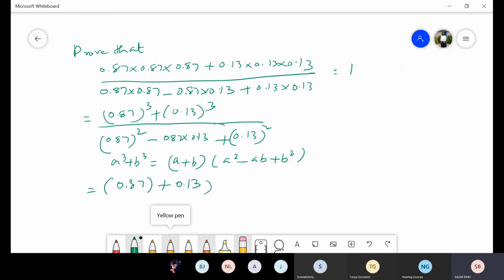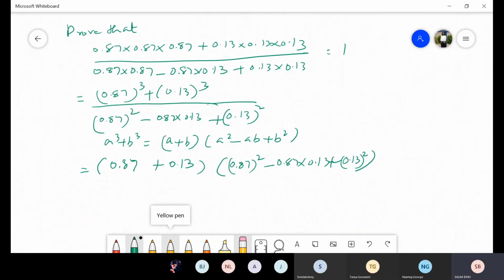That is done. So, one bracket is over. Next bracket, a square means 0.87 square, minus a into b, 0.87 into 0.13, plus b square is 0.13 the whole square. So that is my numerator now.